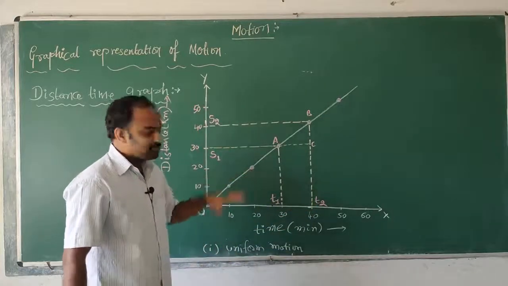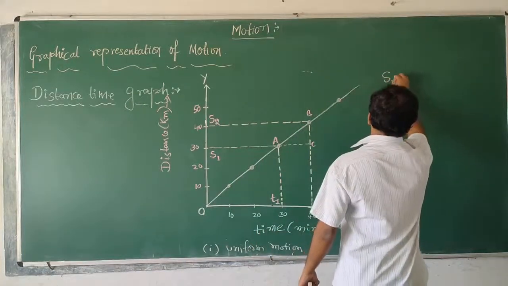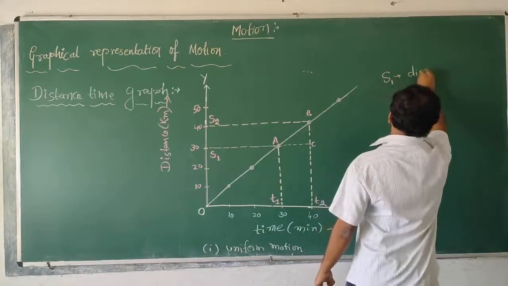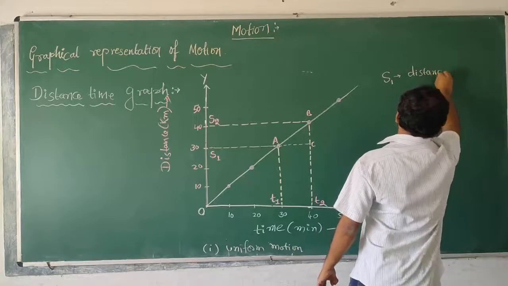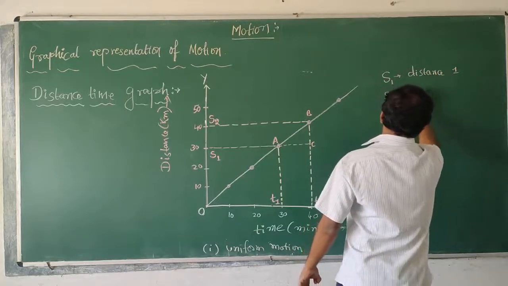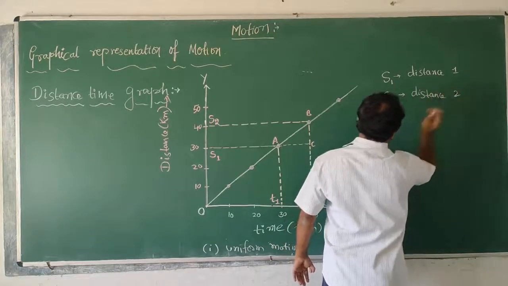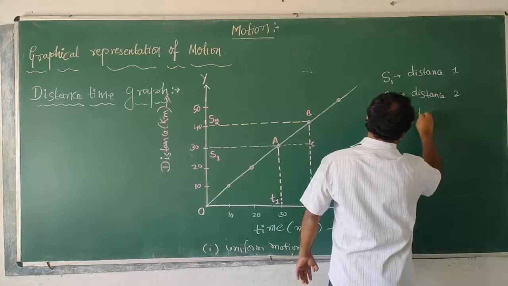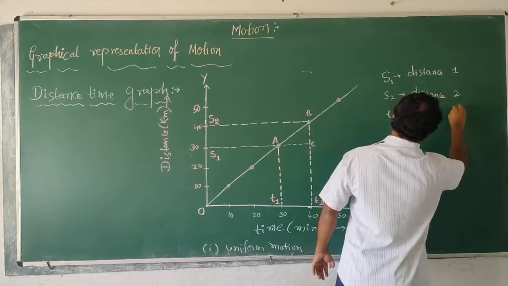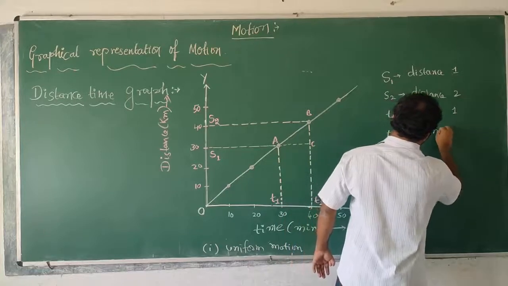Okay, from this graph, here is S1 distance 1, S2 distance 2, T1 time 1, T2 time 2.